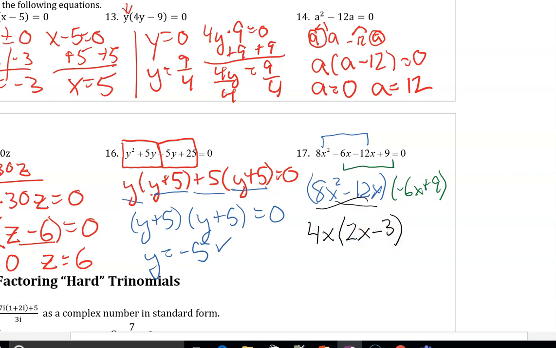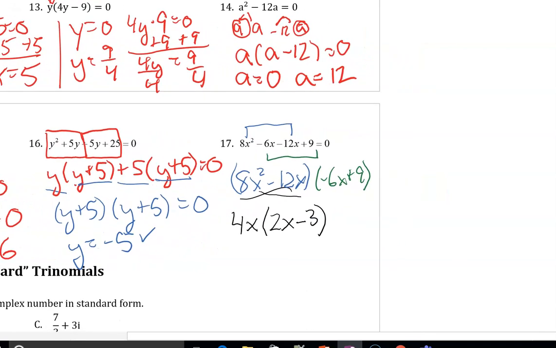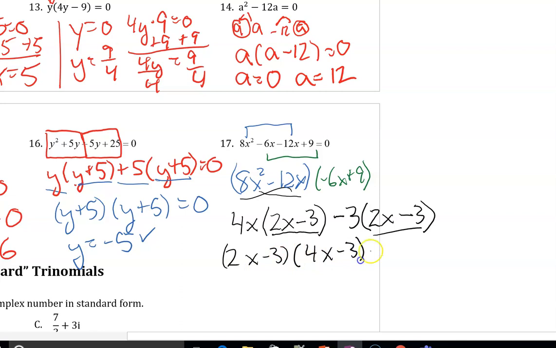On my second expression, I want to end up with a positive 2x minus 3 as my second factor, so I'll factor out negative 3. That leaves us with 2x minus 3 as our second factor. So 2x minus 3 times 4x minus 3 equals 0.